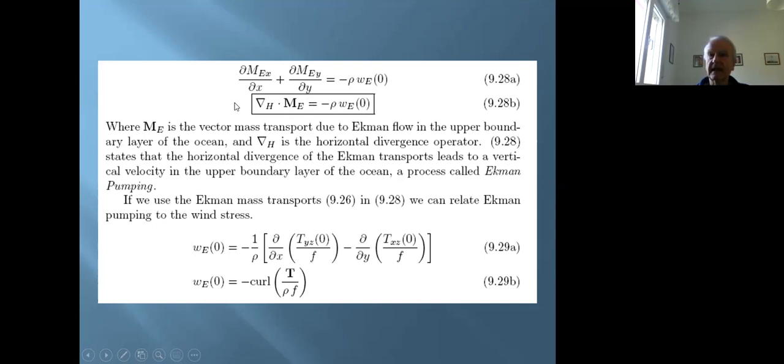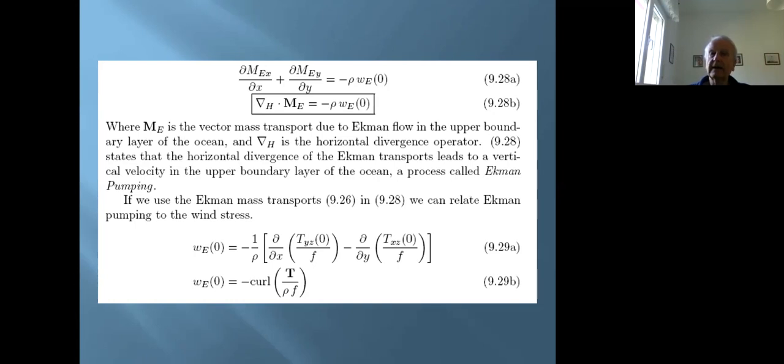This equation really states that the horizontal divergence of the Ekman transport leads to vertical velocity. There is no vertical velocity if we don't have the divergence of the Ekman transport. And so this process, as I mentioned before, is called Ekman pumping. Ekman pumping means simply the vertical velocities generated by the divergence in the Ekman layer.